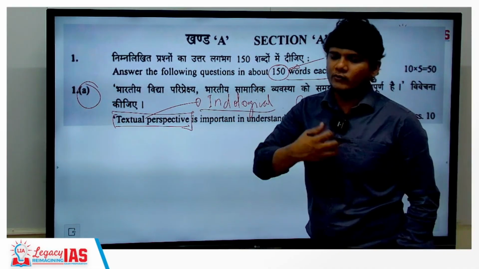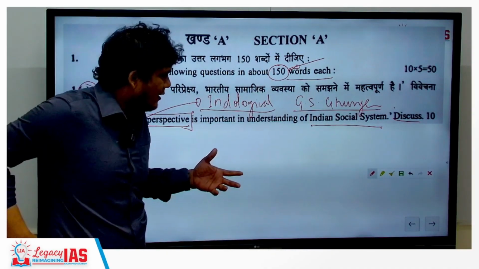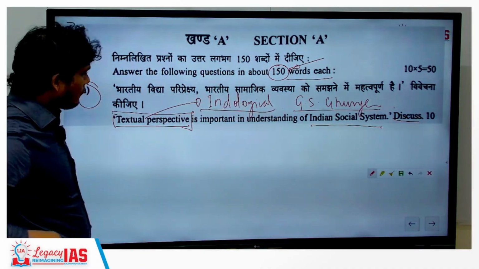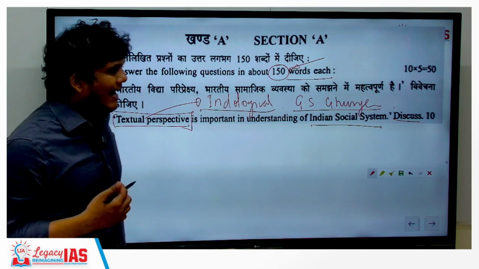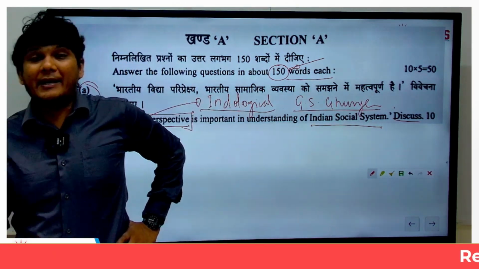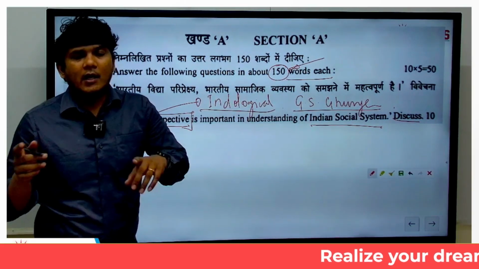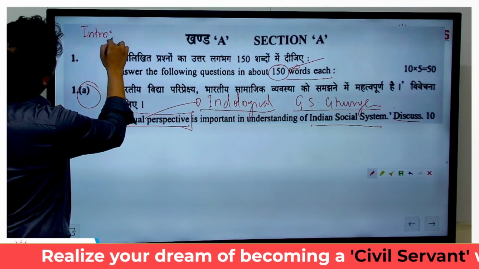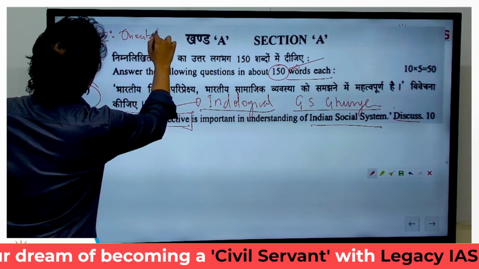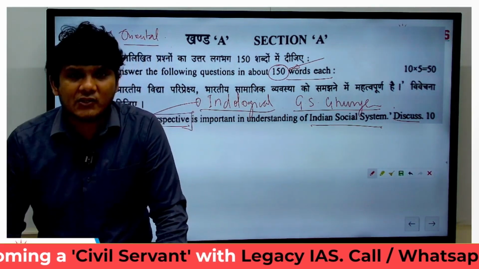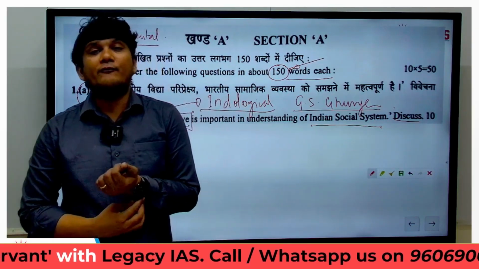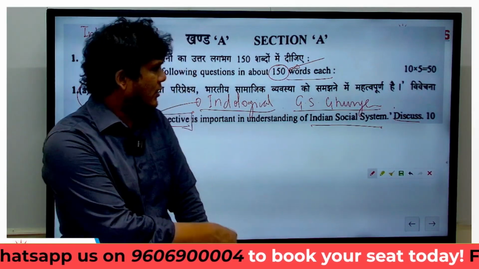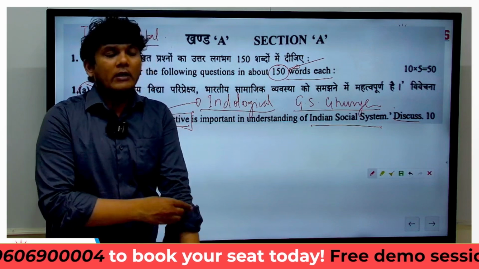First thing is you should know that. It's very basic, and of course you will know it, as all these things have been covered in the class. Now the question is that it is important in understanding the Indian social system. So how do we begin? You can directly start by saying the importance of it, but rather the introduction could be about the Orientalist approach, and how it was biased against Indian society and in favor of the West, giving one-sided accentuation, positive with respect to the Western world and negative with respect to Indian society.